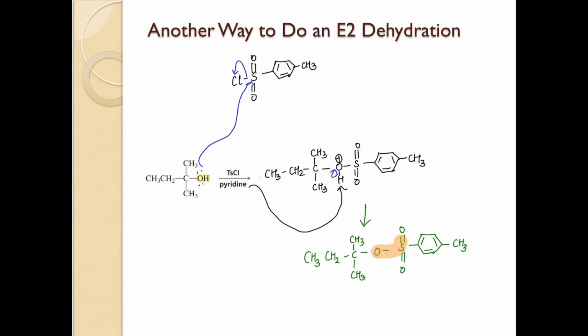Now this whole thing right here is actually going to be O-tosylate, which can be represented as OTs. Okay, I'm actually going to erase this part and replace it with OTs.